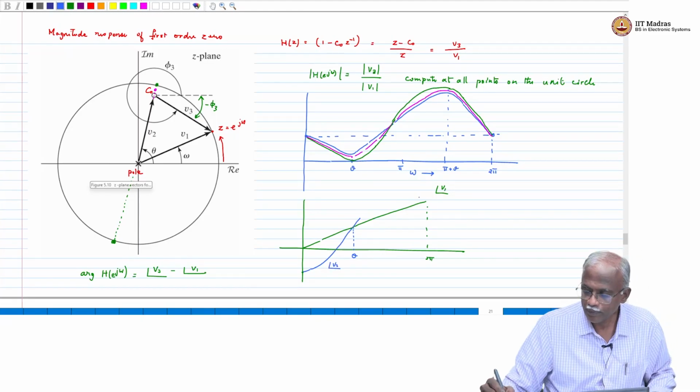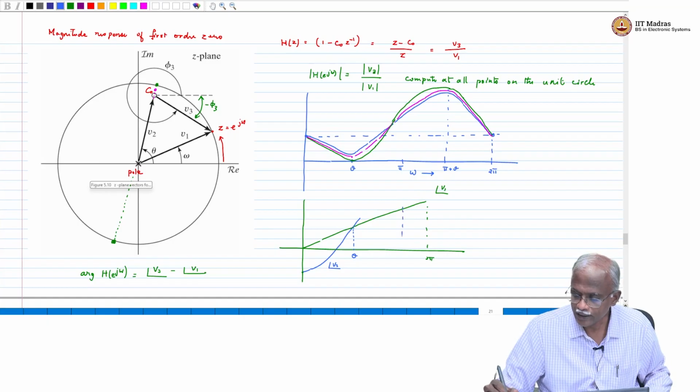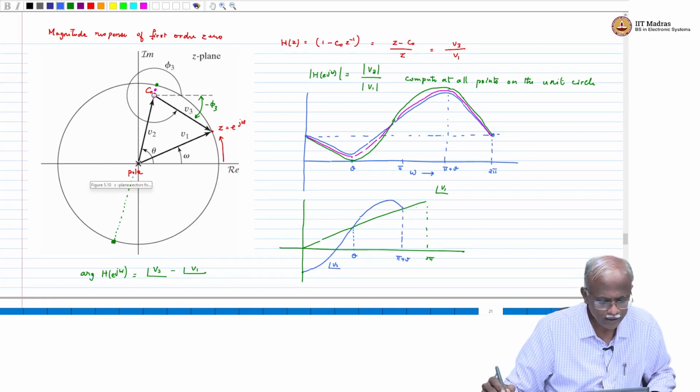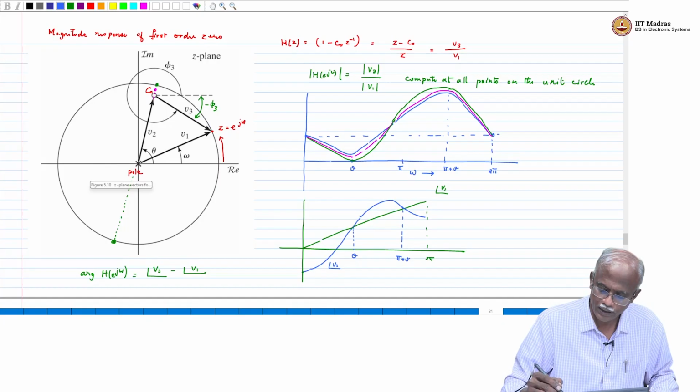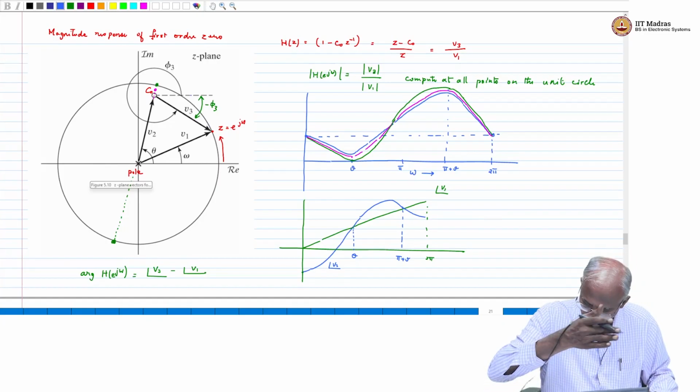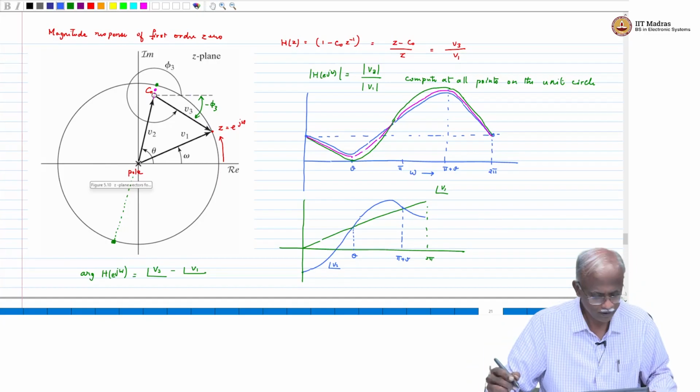Okay, so then what happens at pi plus theta? Once again both of them are the same angle, and then eventually it goes down. Actually, it should come back to the place where it started.